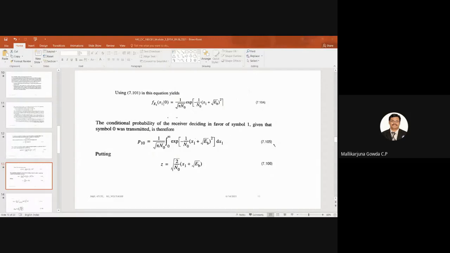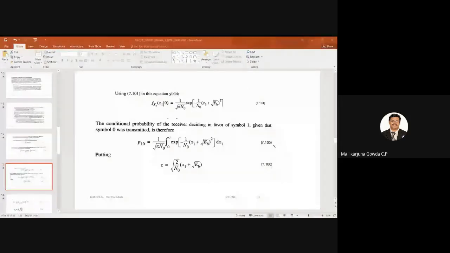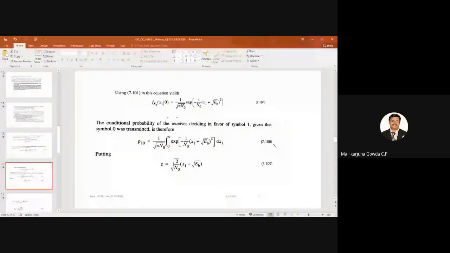Yes, no response only. I'm asking, are you aware of what is error function, what is complementary error function? If you know those things, then you'll be able to relate with the Q function. No idea. Fine. If you're not aware, just have a look about the probability part of your linear algebra. You will be able to understand that.